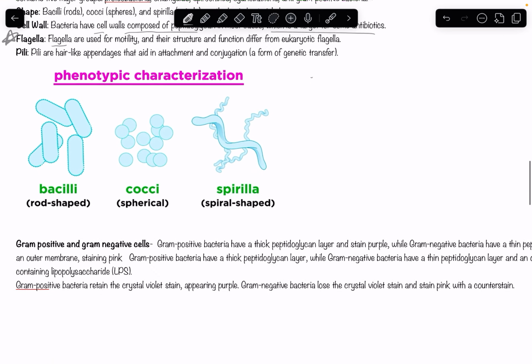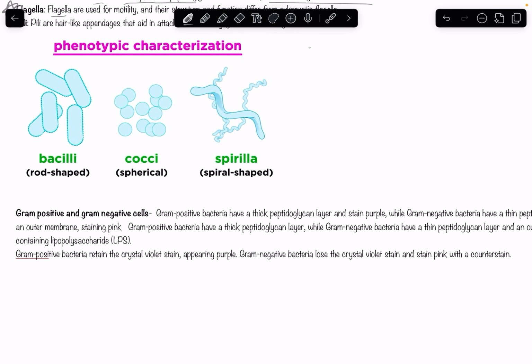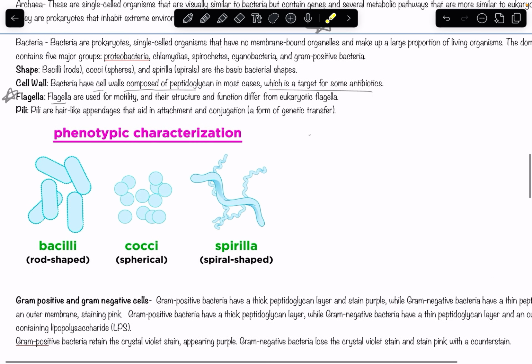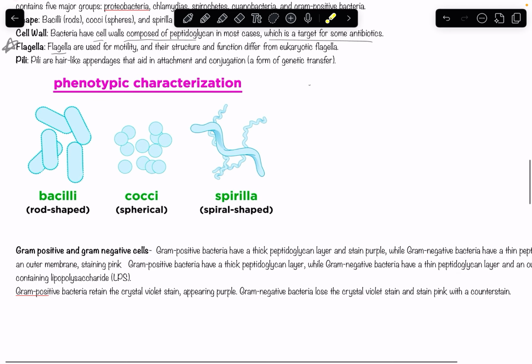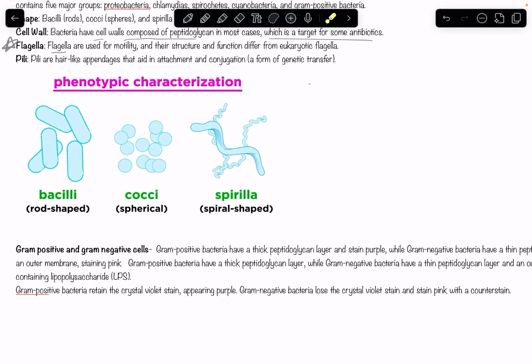So we need to go through the difference. This is the last big difference about bacteria and eukaryotes. There's two different types of bacteria cells. You have gram-negative and gram-positive. Gram-positive has a very thick peptidoglycan layer. Now, peptidoglycan sounds like a big word, but just think of a very thick layer of protection.